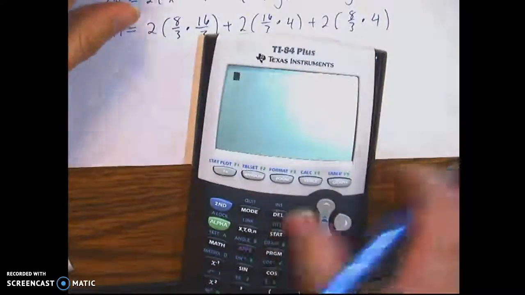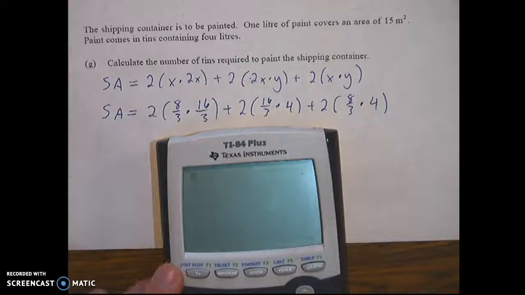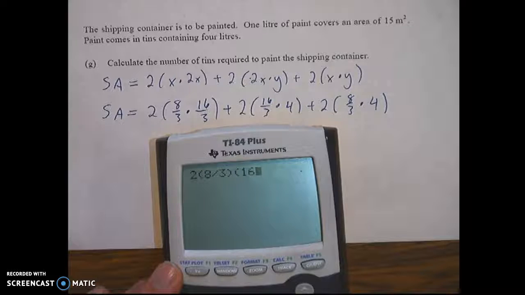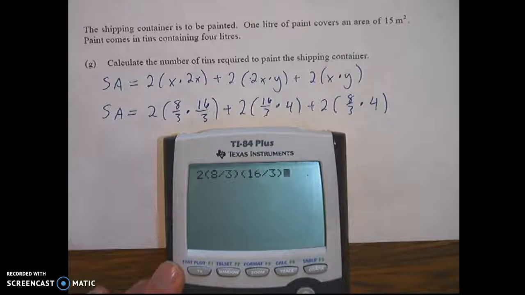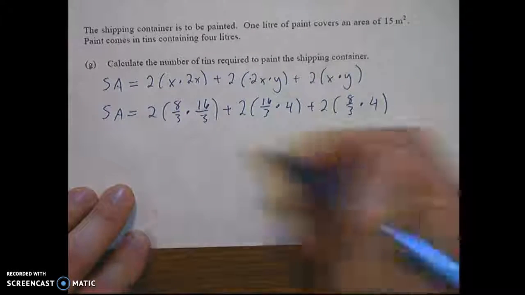Let's push this up. So 2 times 8 over 3 times 16 over 3 plus 2 times 16 over 3 times 4 plus 2 times 8 over 3 times 4. The total surface area of this thing is, let's call it 92.4 meters squared.